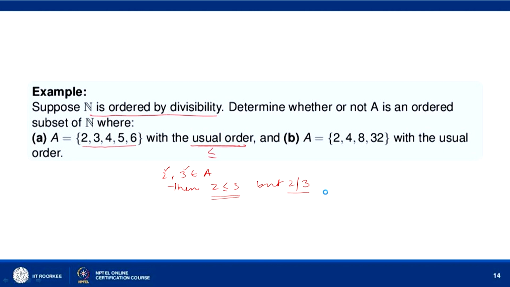So, this holds, but this does not hold, and therefore, A is not an ordered subset of N. This should happen for any two elements in A, but we find two elements in A, 2 and 3, for which 2 is less than or equal to 3, but 2 does not divide 3. So, this is not an ordered subset of N.